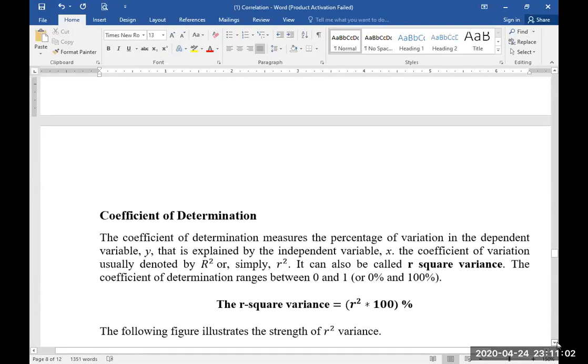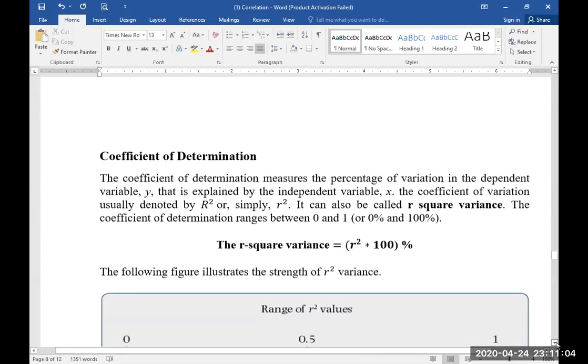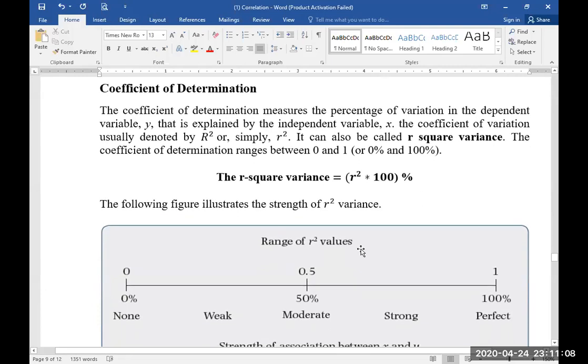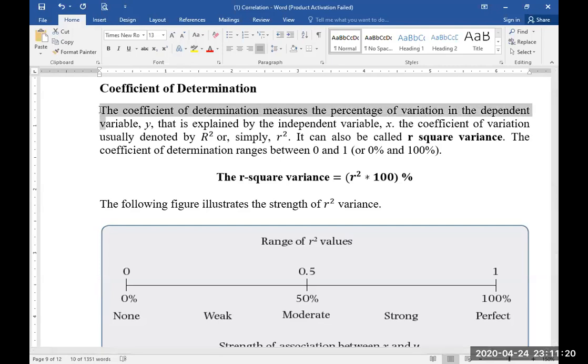Now students, we have another concept related to the correlation coefficient, which we call the coefficient of determination. The coefficient of determination measures the percentage of variation in the dependent variable y that is explained by the independent variable. It is usually denoted by capital R square or simply by small letter r square.